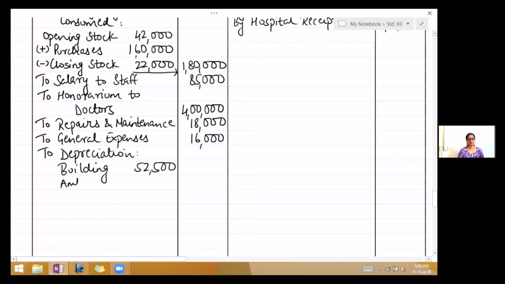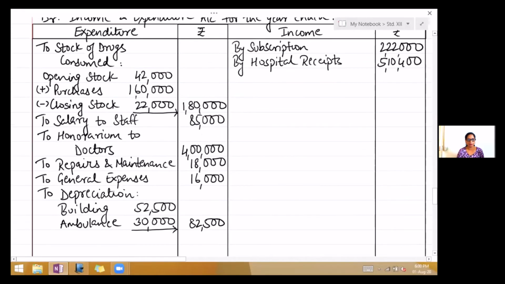Ambulance 30,000. Take the total to the outer column. 82,500. Third adjustment we have already done of capitalizing life membership fees. So we are done with the problem there.